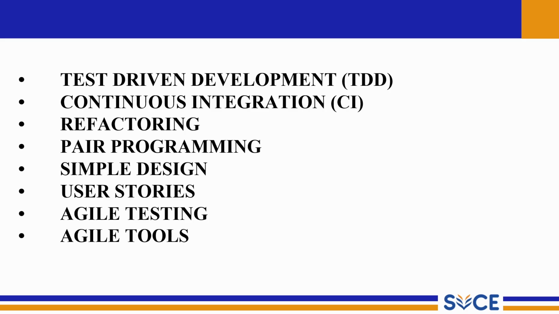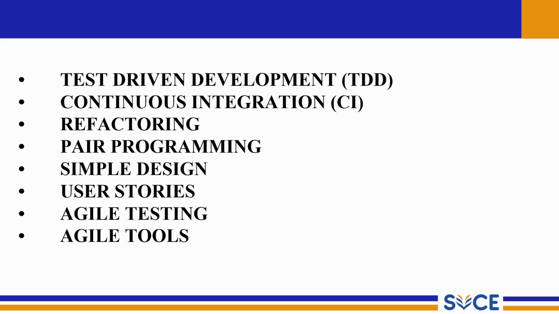The first one is test driven development. It is a development approach where tests are written before writing the actual code. This ensures that every feature is clearly understood and tested from the beginning, resulting in fewer bugs and higher code quality.